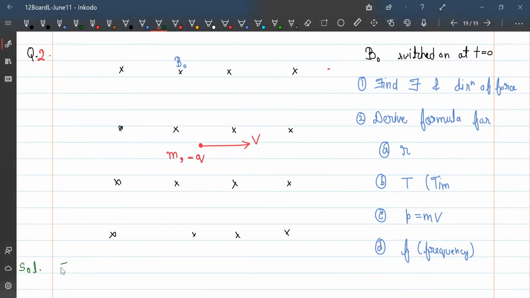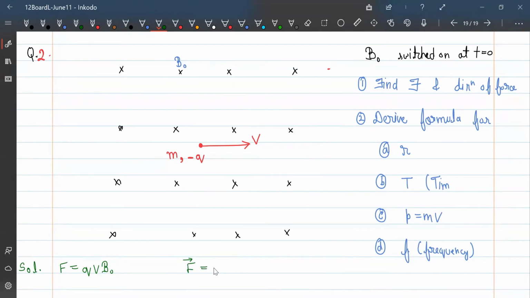Sir, the magnitude of force will remain the same. Yeah, it will be qvB naught. And the direction of the force? It will be downwards.